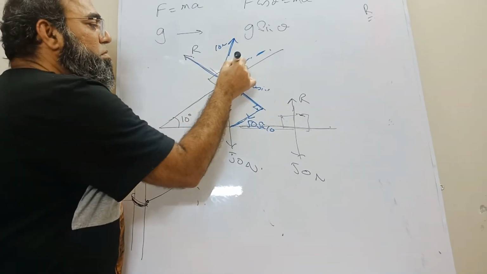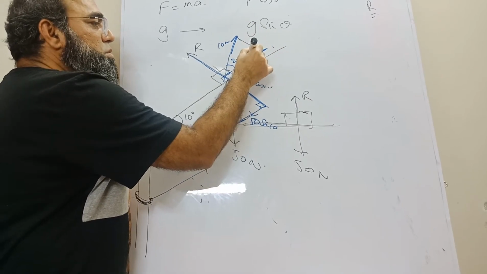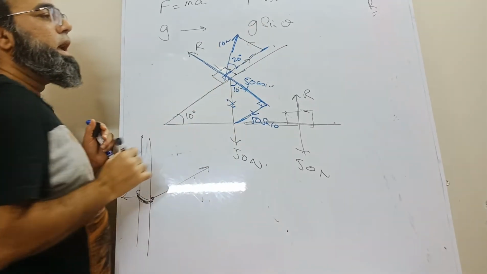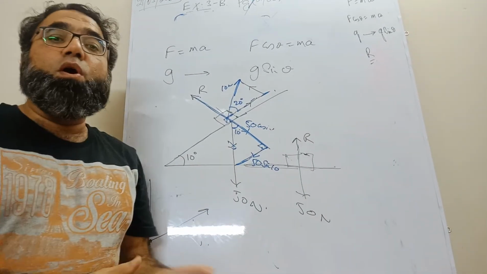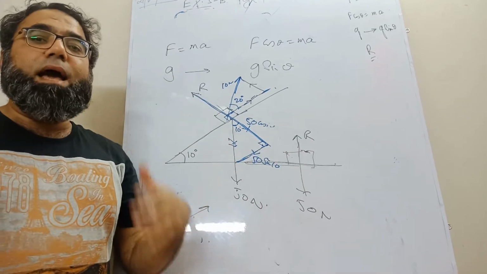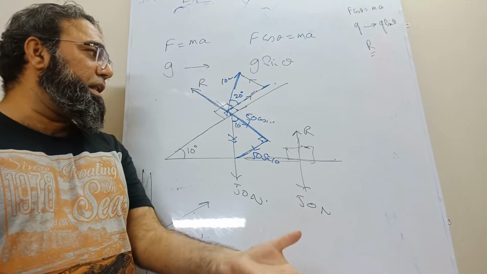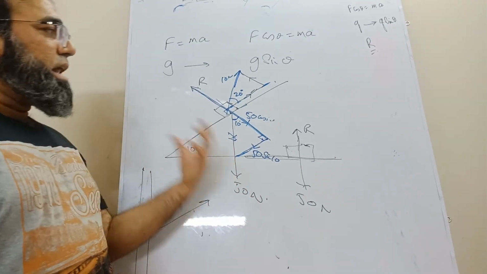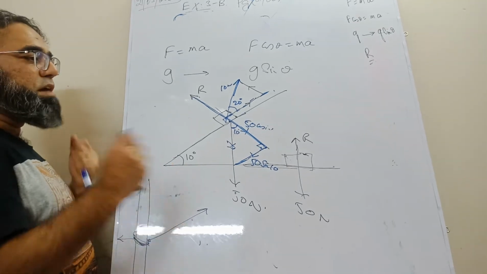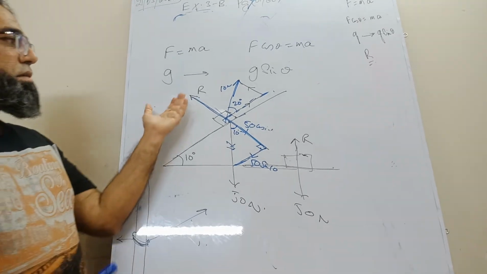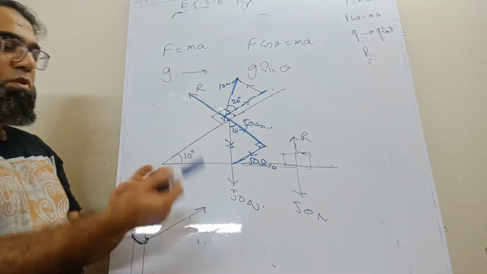You will resolve whatever the forces are, parallel and perpendicular to the surface on which the object is going to move, or in other words, parallel and perpendicular to the direction of the acceleration if there is any. So basically, parallel and perpendicular to the direction of motion, you have to resolve whatever forces these are, be it the R, the weight, the driving force, the pulling force, the frictional force, whatever you have.